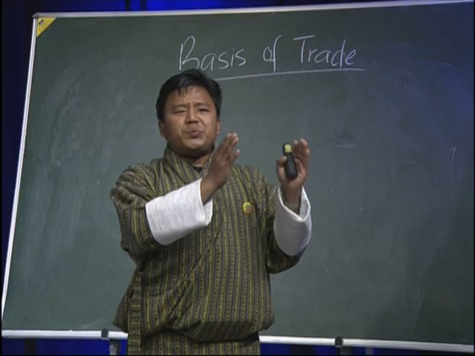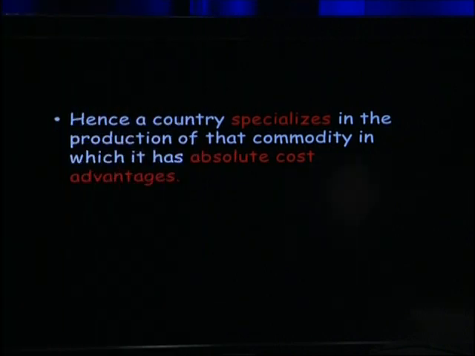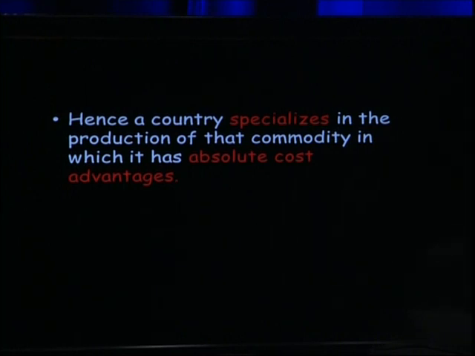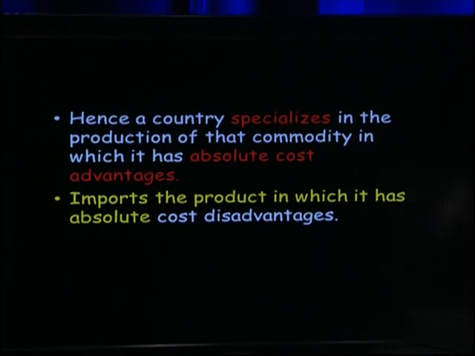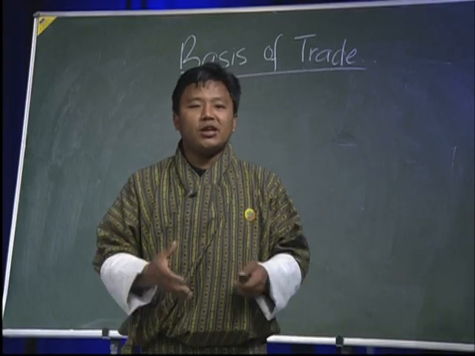The country specializes in the production of the commodity which they can produce at lower cost compared with another country, and imports the commodity for which the cost of production is very high.